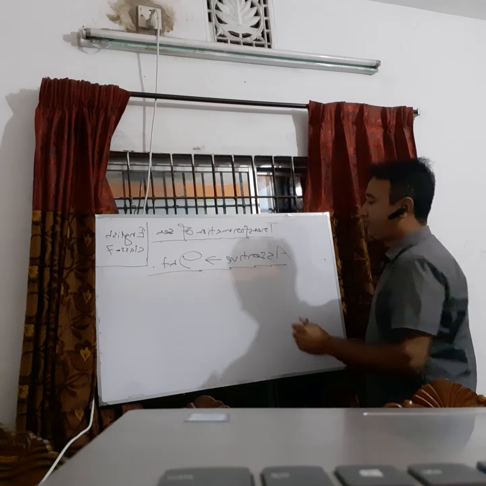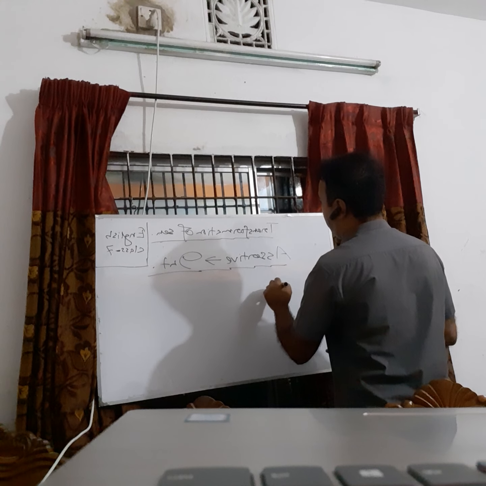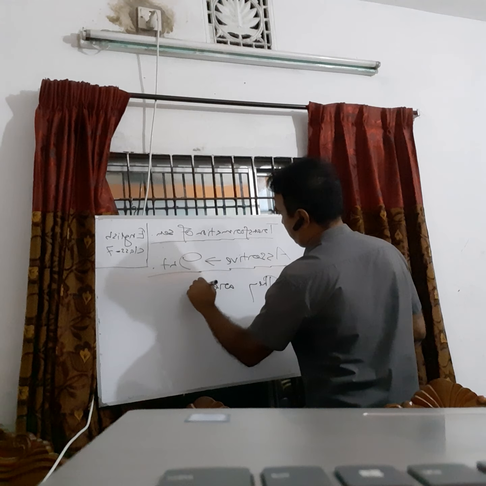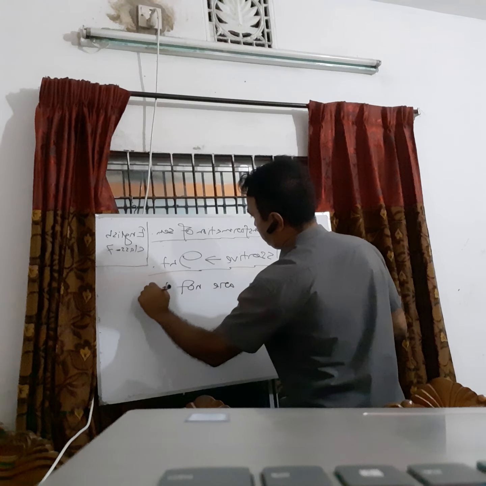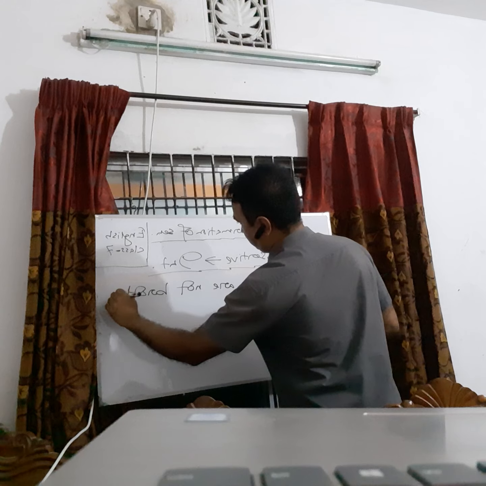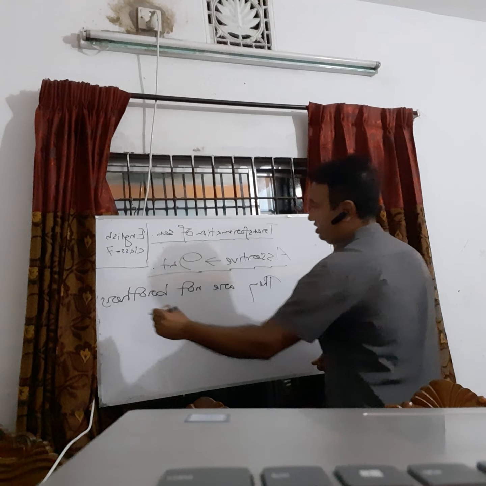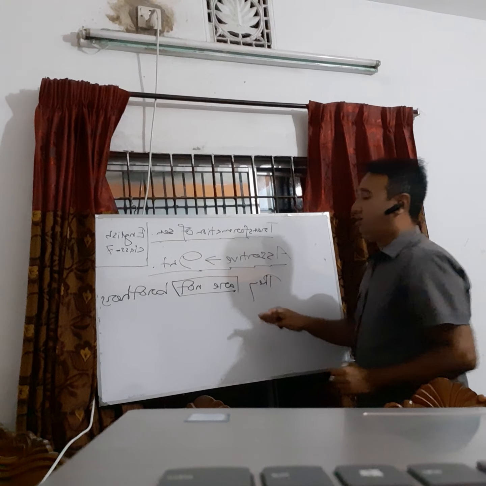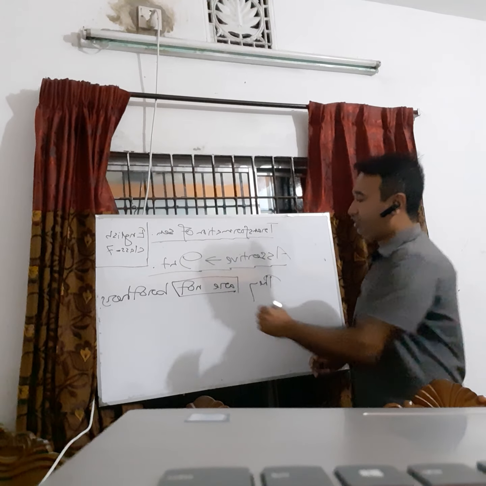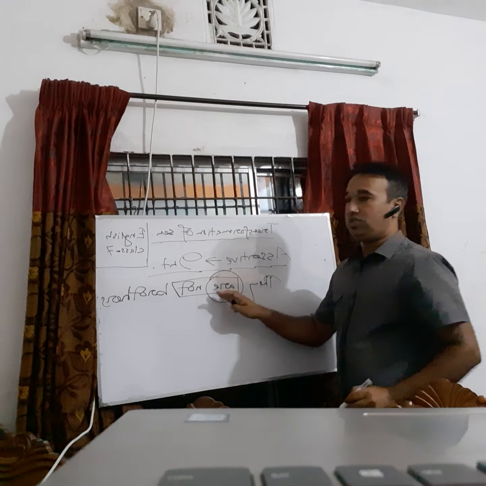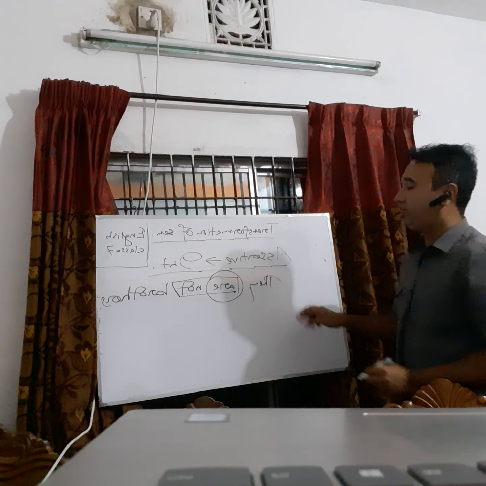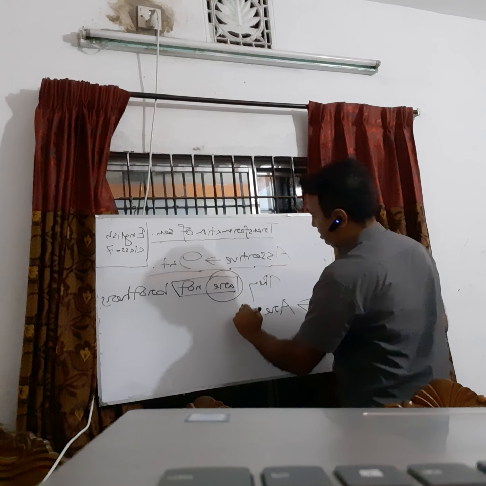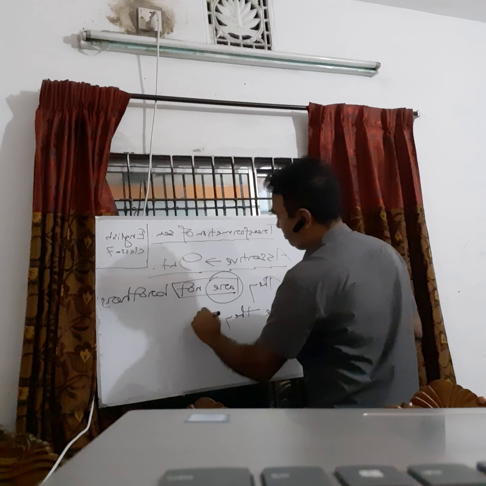Now I am writing a negative sentence. They are not brothers. It's a negative sentence. And are is the auxiliary. So put the auxiliary verb at the beginning of the sentence. Are they brothers?